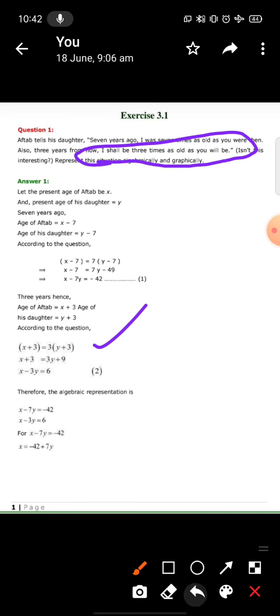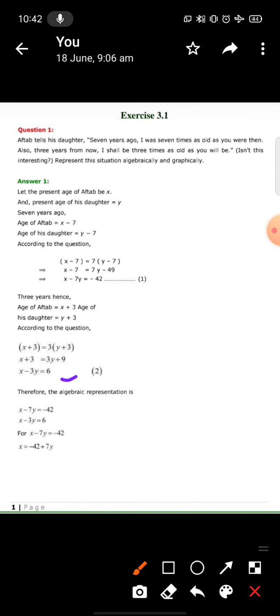Now solve this equation and you will find x minus 3y equal to 6, the second equation. There is a bracket around y plus 3, so if you open the bracket you have to multiply 3 with y and 3 with 3. Now you can solve it and easily find x minus 3y equal to 6.